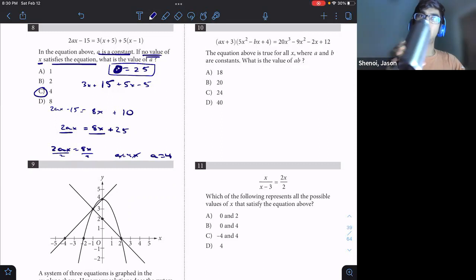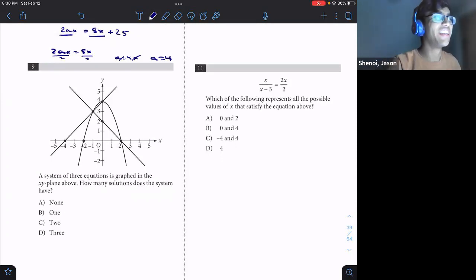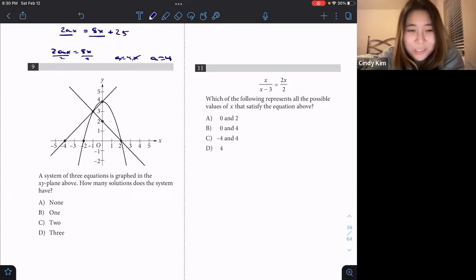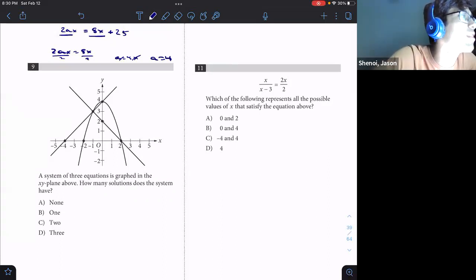It's 9. The graph gave me anxiety. Okay, now that you see this, what is the solution?